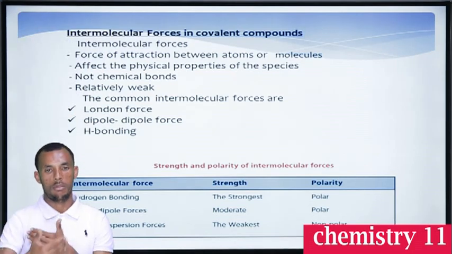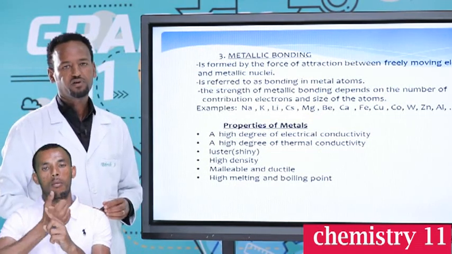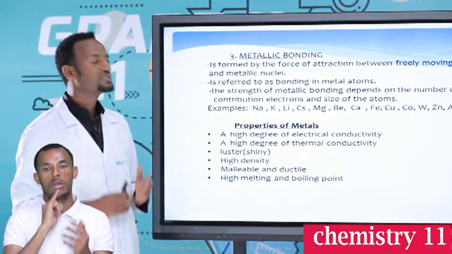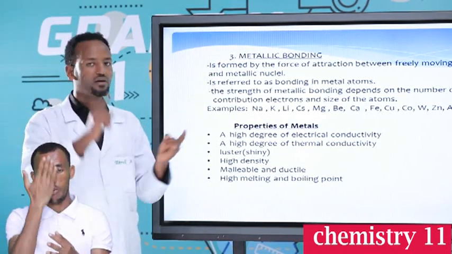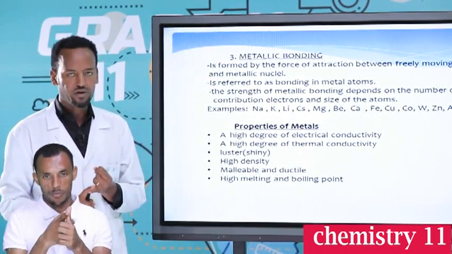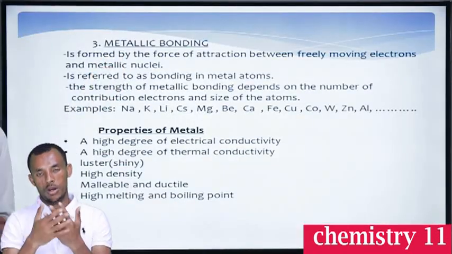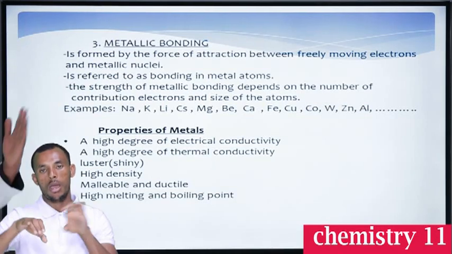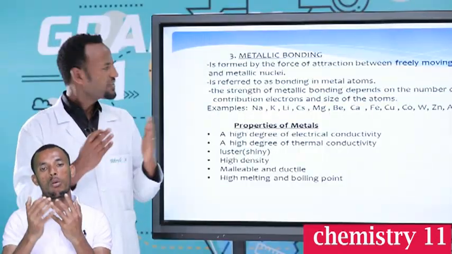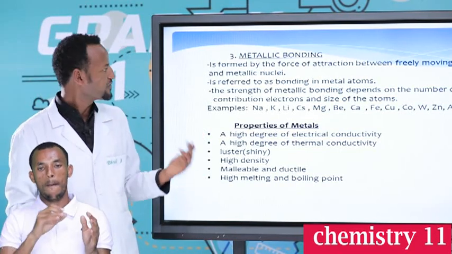Next, metallic bonding. Metallic bonding is the third type of intramolecular force. Why 3? 1 is ionic bonding, 2 is covalent bonding, 3 is metallic bonding. Metallic bonding is a chemical bond. What is metallic bonding? It is the bonding found in metals.